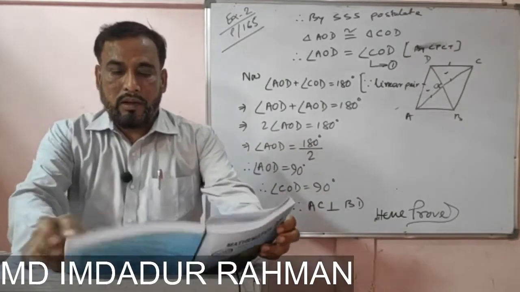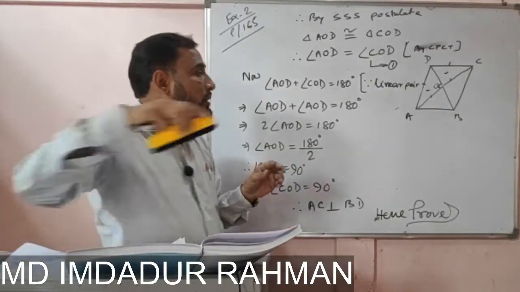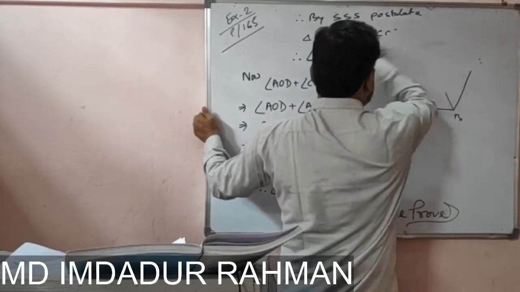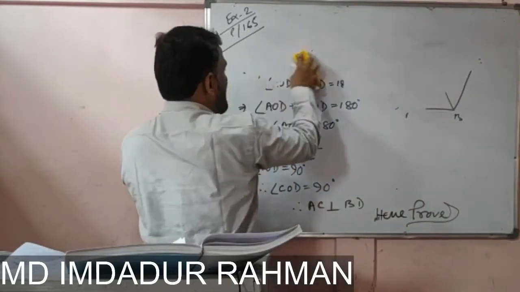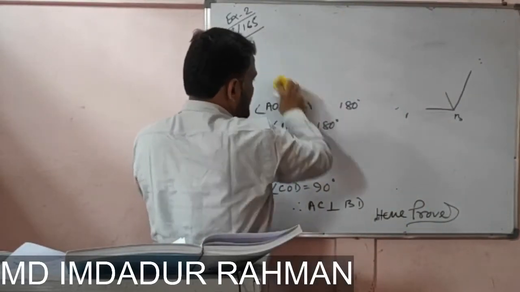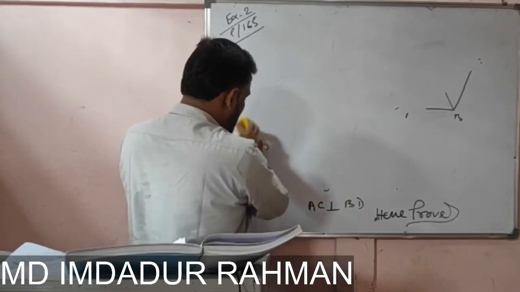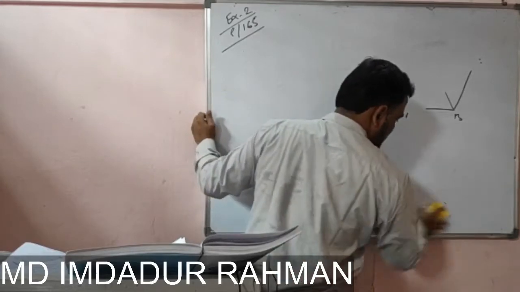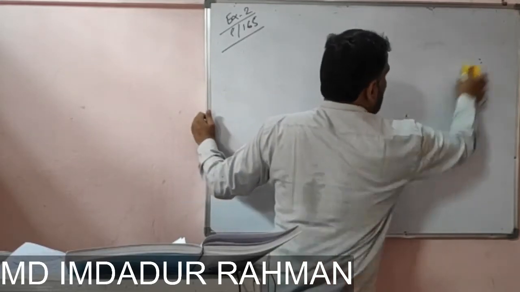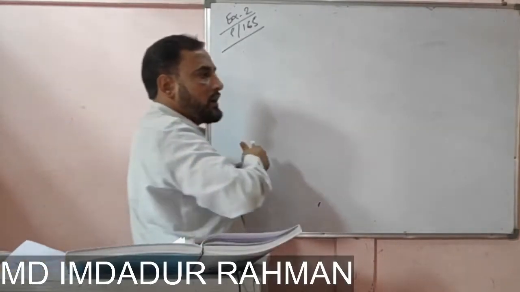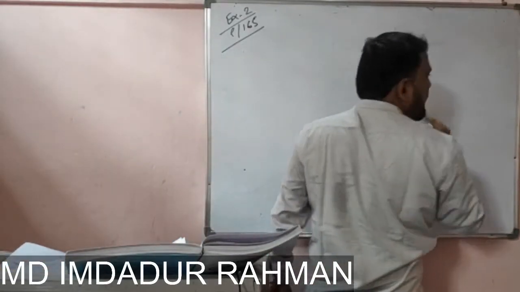So here also it is about a rhombus. So let us draw a rhombus. Before that, let us rub this. We will consider this as a quadrilateral and we have to prove it is a rhombus.